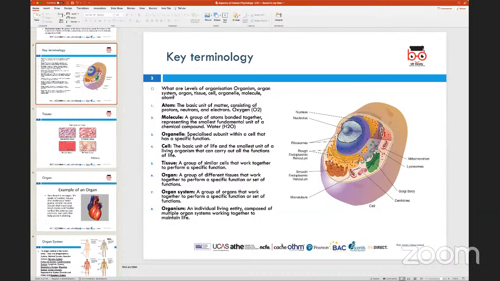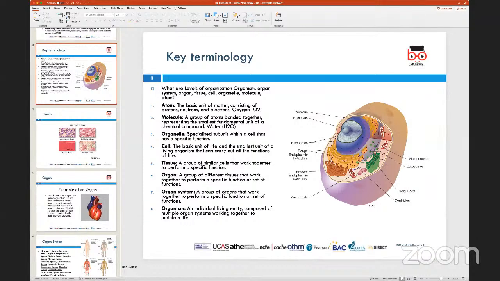These are the smallest specialized subunits which can live independently because they have within their body structure different types of cells or molecules which are able to perform functions like the mitochondria, the powerhouse of the cell, the Golgi apparatus, the digestive system, and microtubules. Then cells become tissues, which are groupings of different types of cells.